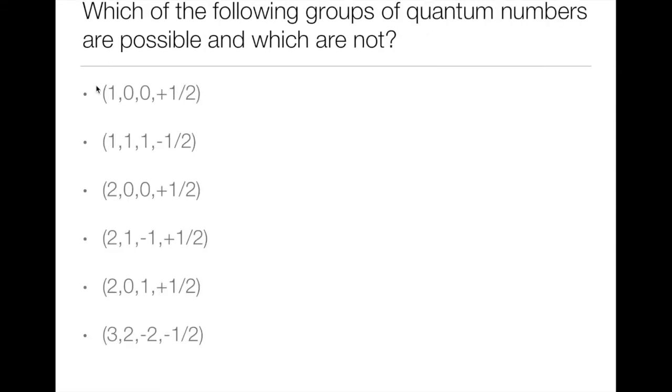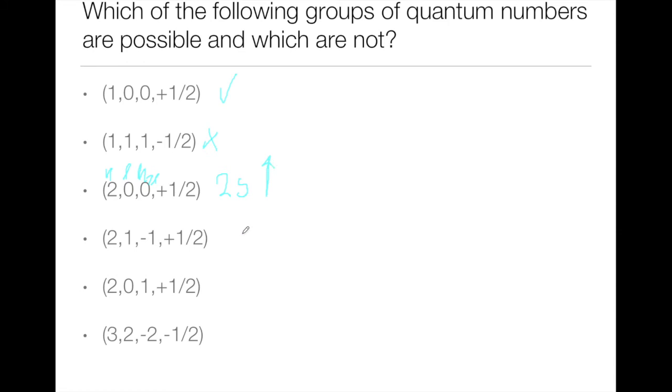It cannot exist. This is not acceptable. This is 2. The n number is 2, the L is 0, acceptable, and the ml is again 0, of course acceptable. And it is depicting the 2s with an upward spin.